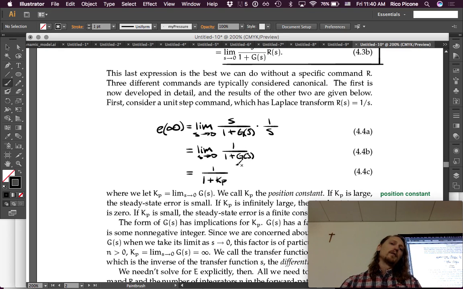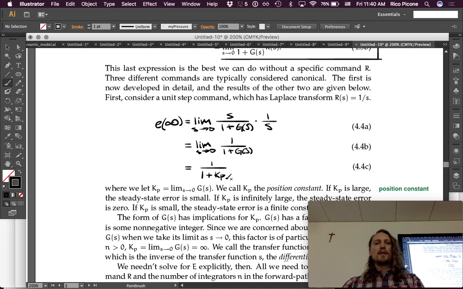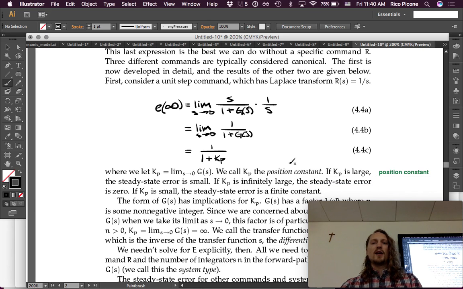The denominator is also 1, so we're just left with this limit of g of s as s goes to 0. We define that limit to be kp, and we call it the position constant.